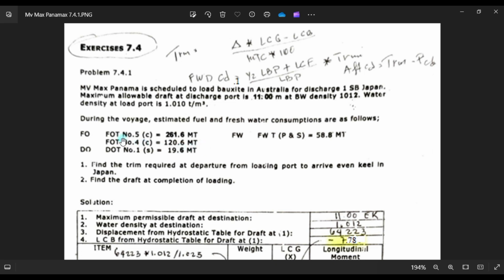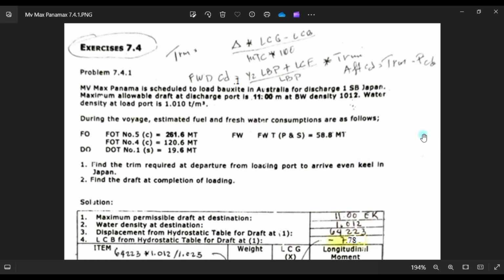So we have here fuel oil number 5, center, consumption of 261.6 metric tons, and fuel oil number 4, center, 120.6 metric tons, and we have diesel oil consumption in tank number 1, starboard, that will be 19.6 metric tons, and the freshwater consumption of port and starboard will be 58.8 metric tons.